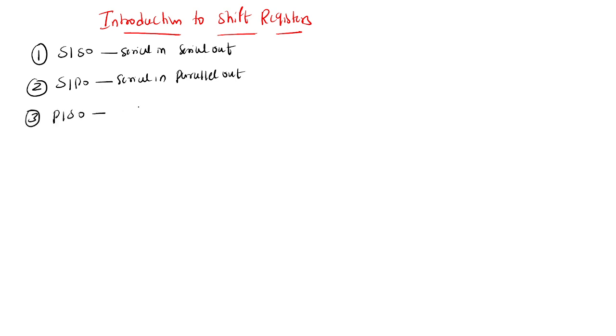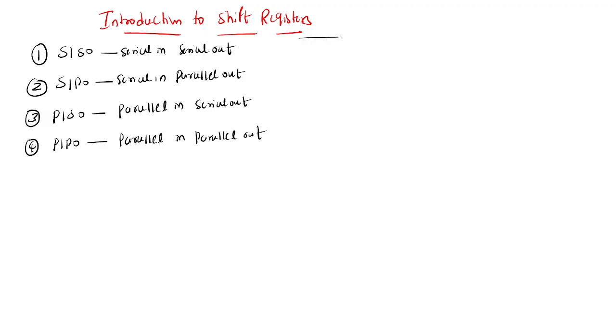PISO is nothing but parallel in, serial out. And next you have PIPO. PIPO means parallel in, parallel out. These are the four shift registers you are using.